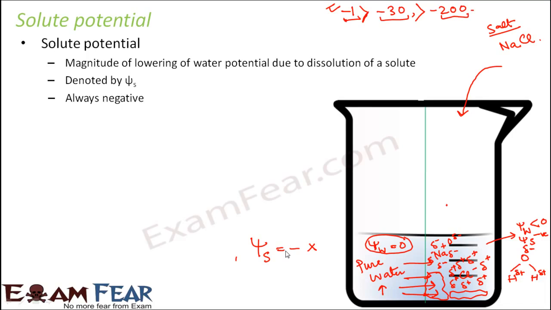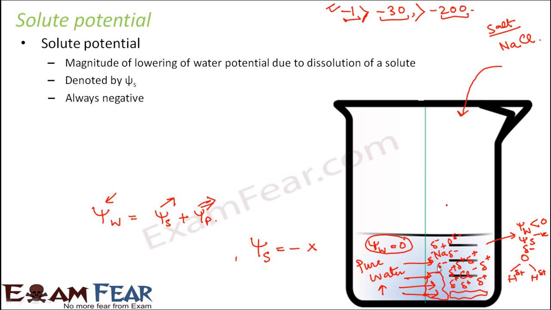Now, when the solute potential decreases, what happens to the water potential? As I said, the water potential is solute potential plus pressure potential. We'll talk about pressure potential very soon. If you assume for some time that pressure potential is constant, and solute potential keeps becoming more negative, then water potential will keep on decreasing. So addition of a solute always decreases the water potential.